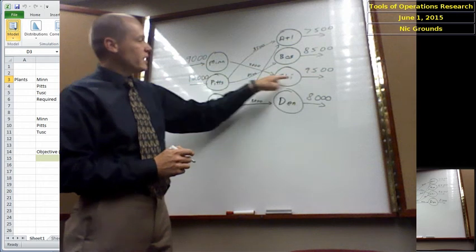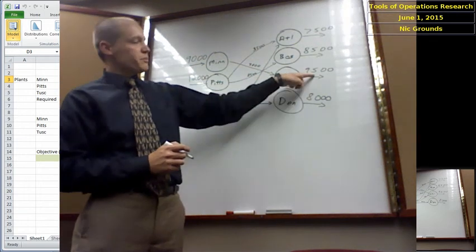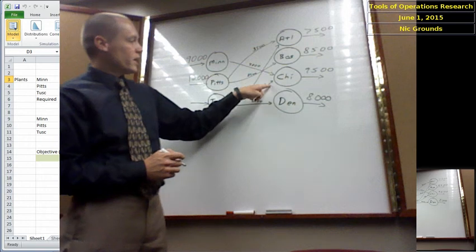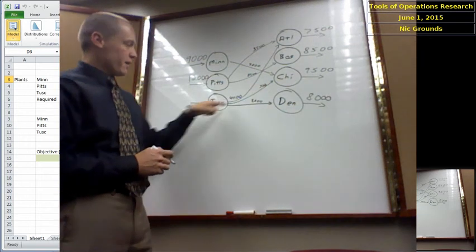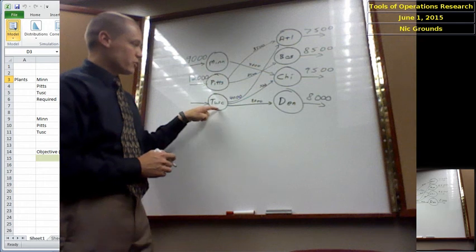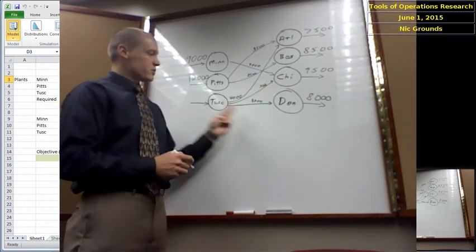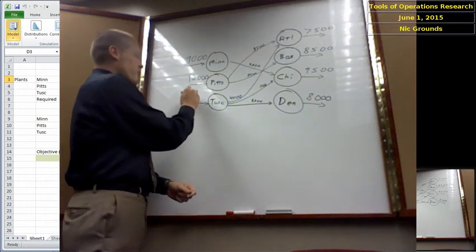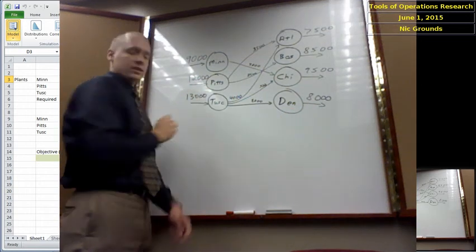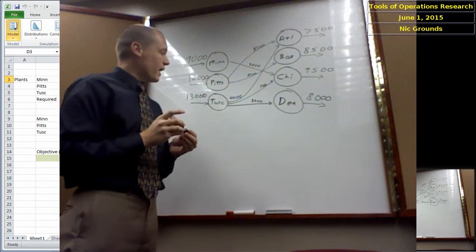So obviously, if 9,000 came from Minneapolis, we need another 500 from somewhere. And we can see readily from the diagram that that 500 came from Tucson. Tucson sent 500 to Chicago. It also sent 8,000 to Denver, okay? And that's out of the 13,000 capacity that Tucson had.